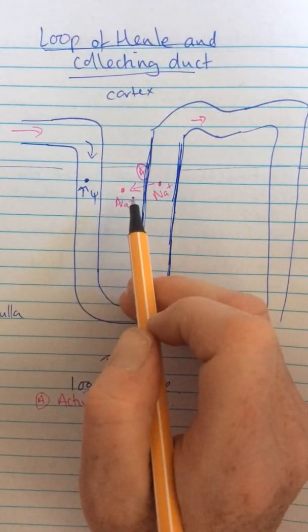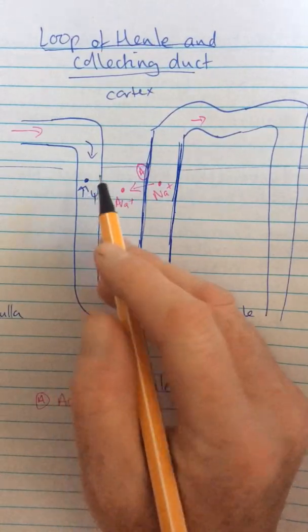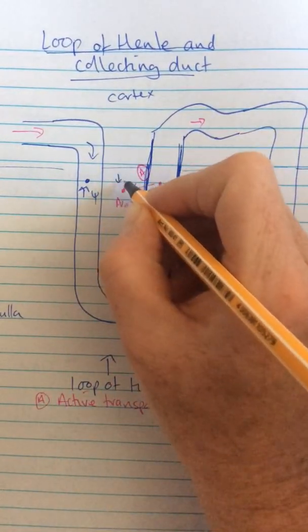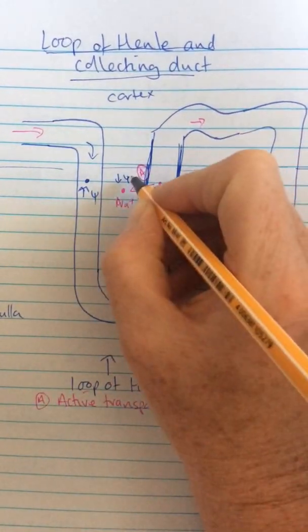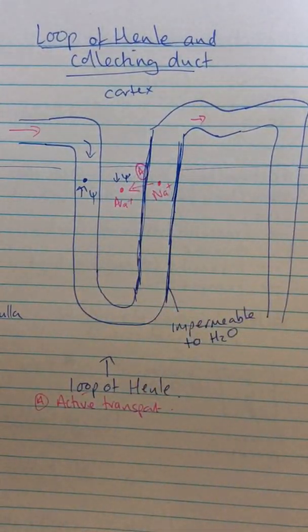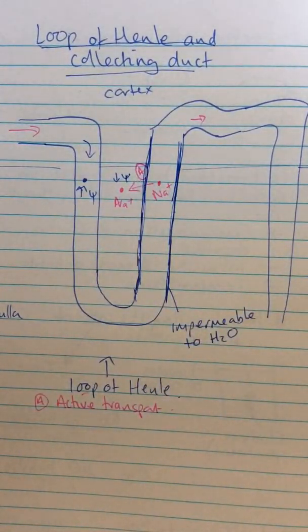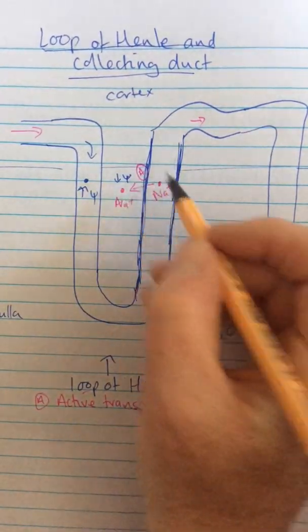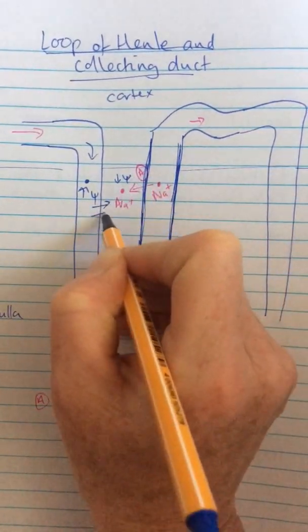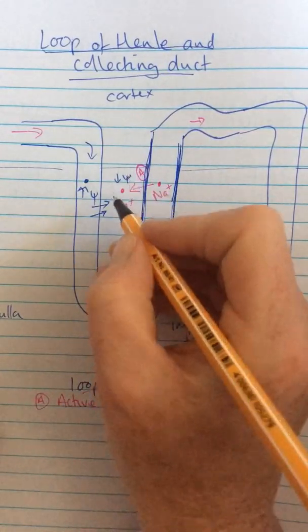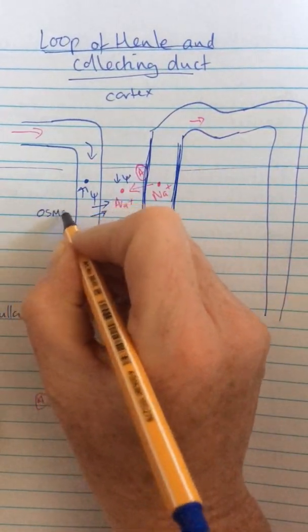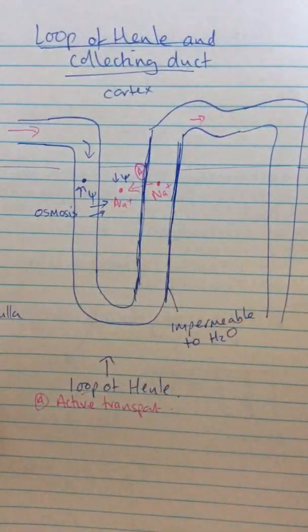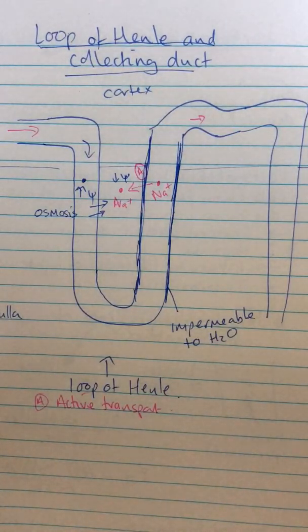We've got salt out here, so we've got a high water potential there, relatively lower, and please remember we have to talk relatively here because it's not low and it's not high, it's higher, lower, so a lower water potential here, and so water just merrily moves by osmosis out of the descending limb of the loop of Henle.